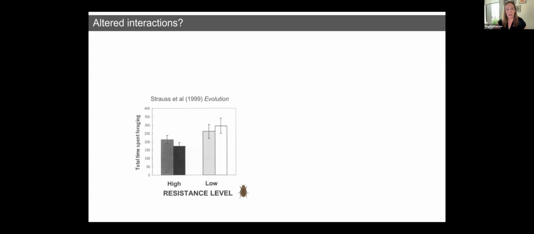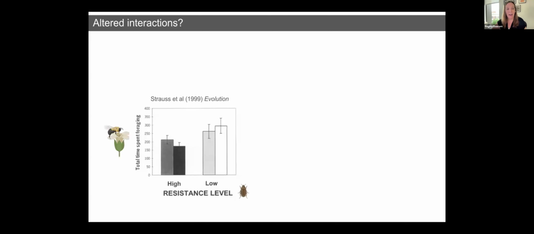She took lineages of this radish and selected them for high resistance to flea beetles or low resistance to flea beetles. And then she looked to see if the plants were being pollinated equally. I'm showing you this graph with the high resistance lines and the low resistance lines, and two bars for each. One of them means that the plants were damaged, the other means the plants were undamaged, but that's not really the main point.